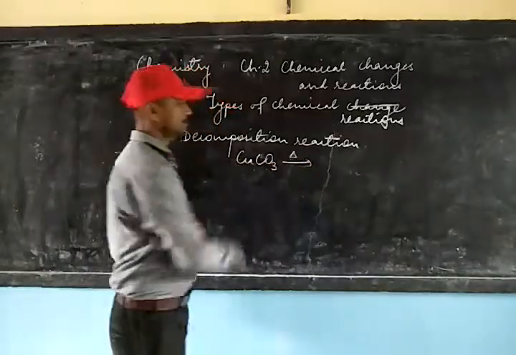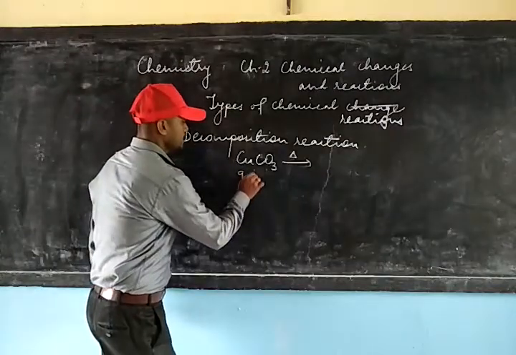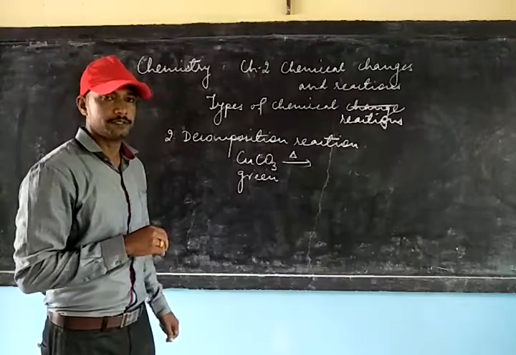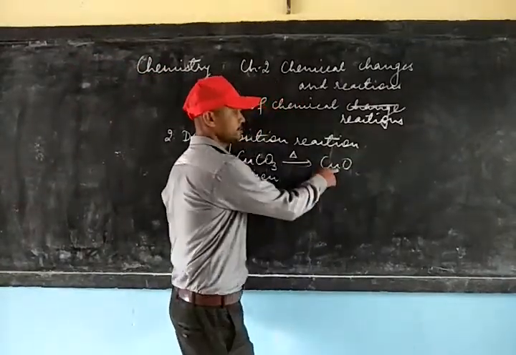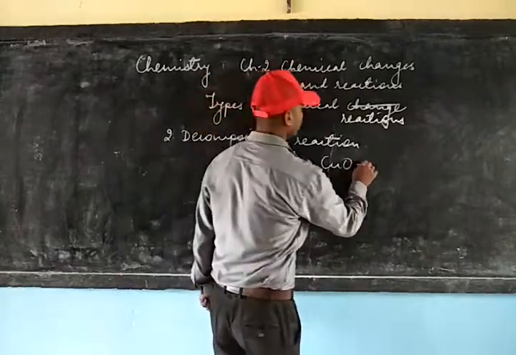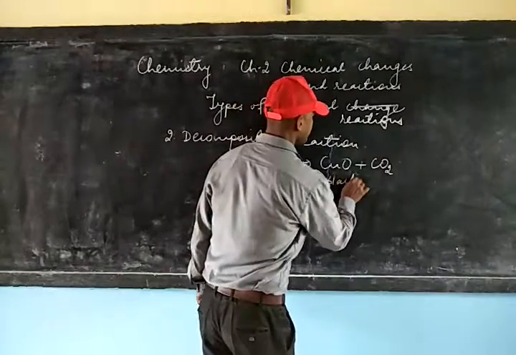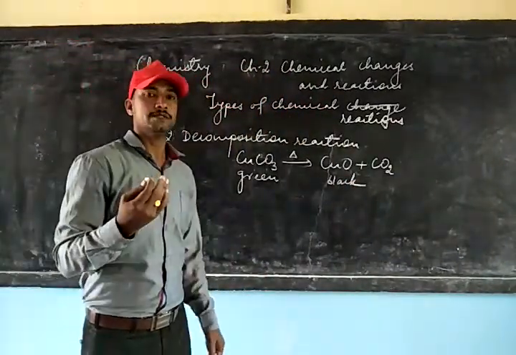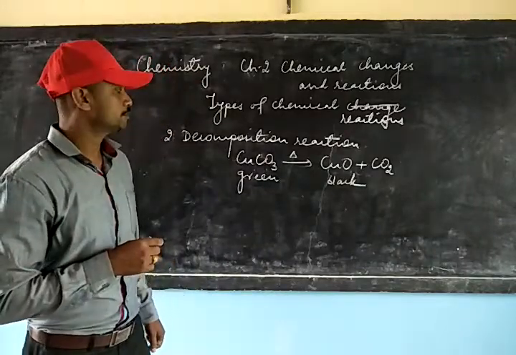When it is heated, copper carbonate, whose original color is green, decomposes on supplying heat to give a black colored solid, which is cupric oxide, along with carbon dioxide gas. You can see how the color changes, and this is an indication that the reaction is a chemical change where a new product is being formed.